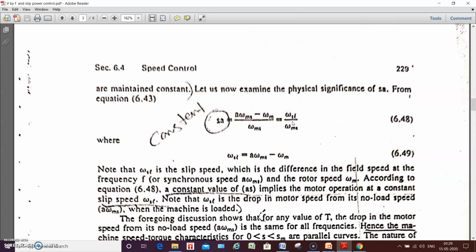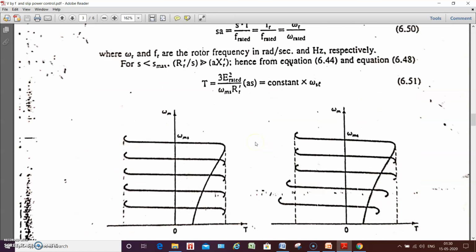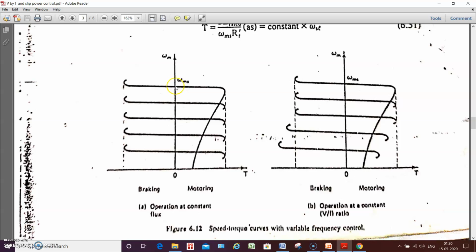But in all other speed control methods of induction motor, whether voltage control or separate frequency control or any other method of control, the speed torque characteristics of the induction motor will usually be drooping. Here it will be decreasing, it will reach a peak torque at a certain point and then it will decrease. It will usually be drooping like any other motor.